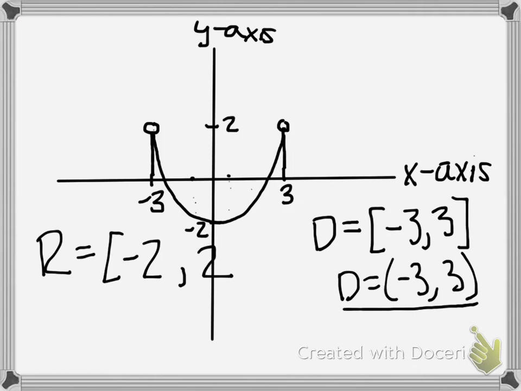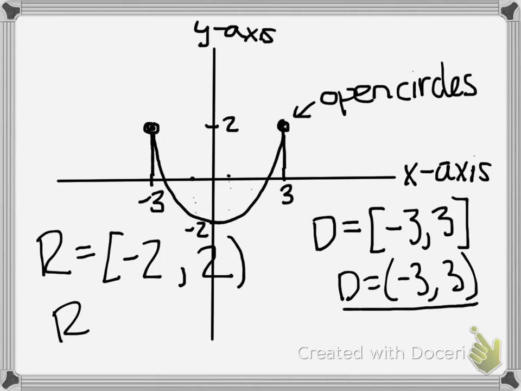If I have these open circles here, that means those points are not actually included, so I will have an open bracket there. If I had the solid filled in circles there, like I had initially, then my range would be from -2 to 2, because those points would be included.